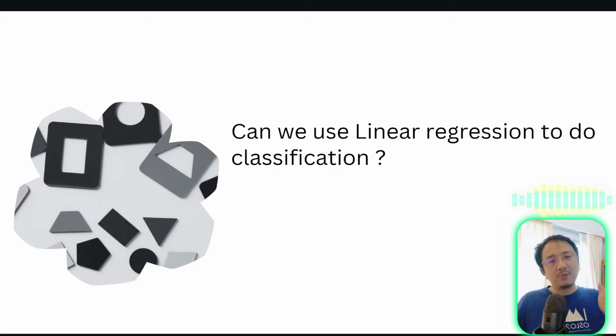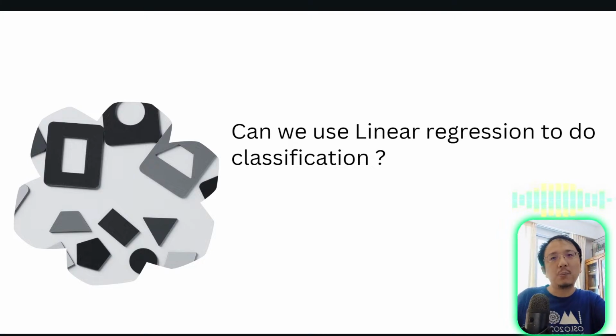The topic I want to cover primarily is whether we can use linear regression to do classification, because there are a lot of misconceptions about this topic, and some of them are entirely wrong. So I'm using MNIST as an example.